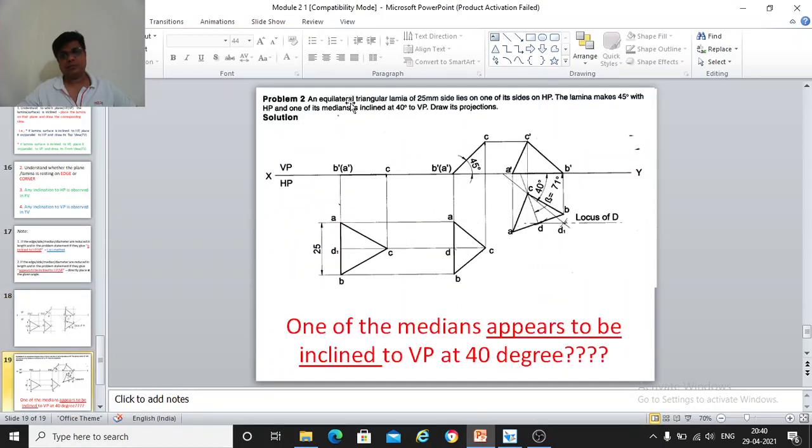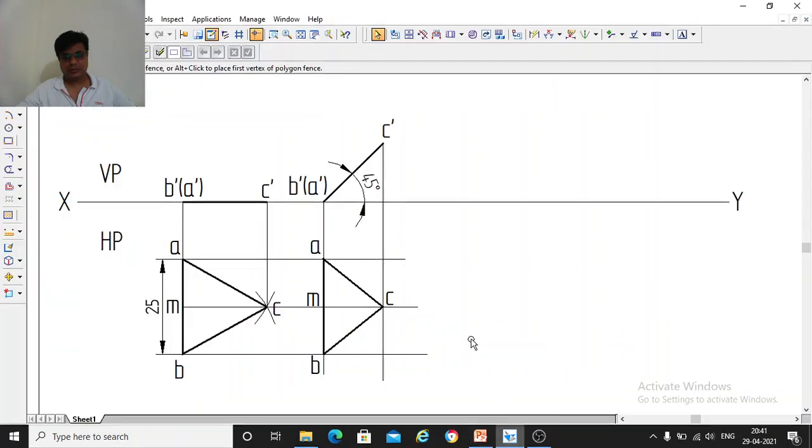This is the same problem, only this sentence I am changing now: the median appears to be inclined. So when they give appears to be inclined, until here the problem is the same. In the third and last stage, don't follow the locus method. Directly you have to draw this median CM at 40 degrees to VP. No need to follow the locus method. So how is that, we'll see now.